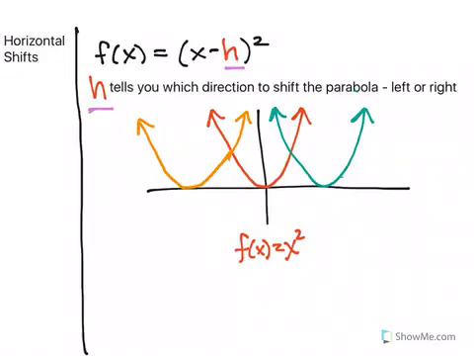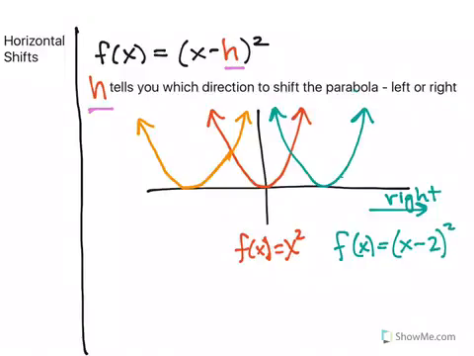The teal graph moves the graph right, and the equation for this would be f(x) equals (x minus 2) squared.